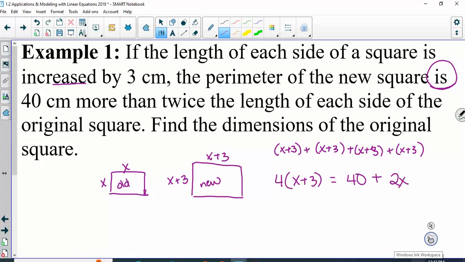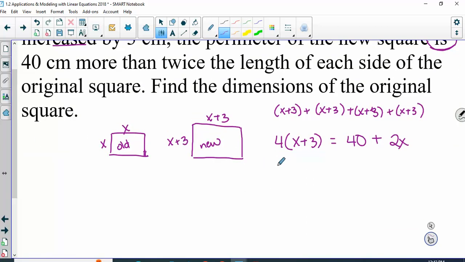Now solve that equation. What'd you guys get?